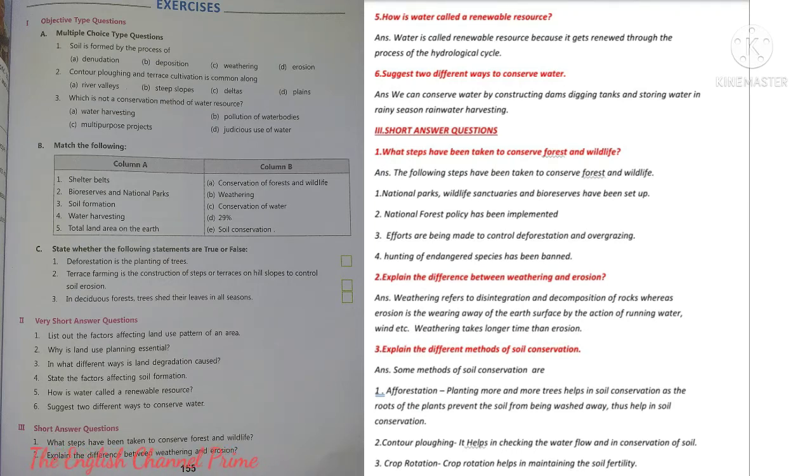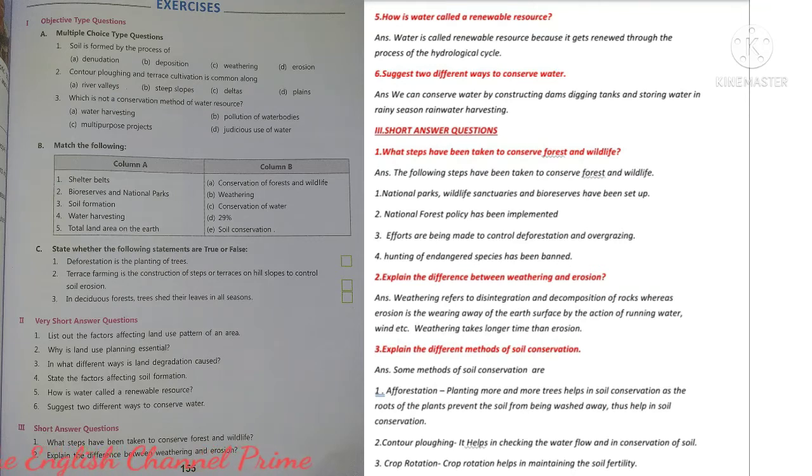Water is called a renewable resource because it gets renewed through the process of the hydrological cycle. Sixth question. Suggest two different ways to conserve water. Yes, answer. We can conserve water by constructing dams, by digging tanks and storing the water in the rainy season, or by doing rainwater harvesting.